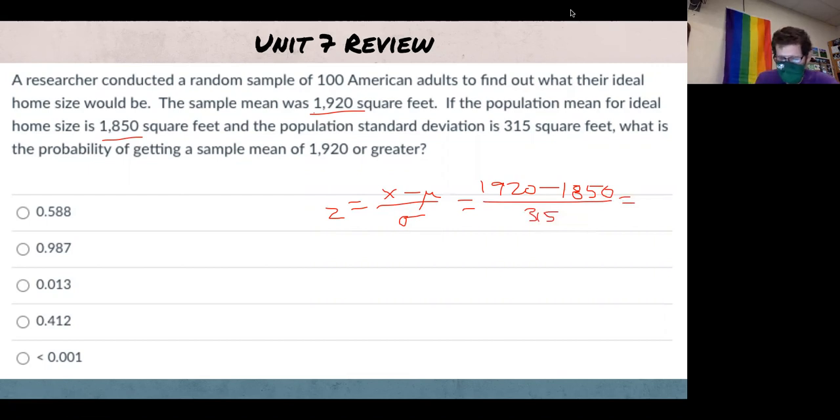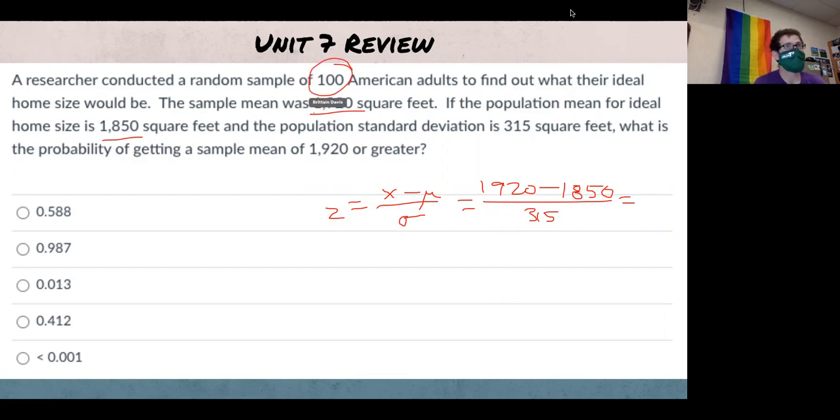I actually don't know what that value is, but it's easy to do it that way. And here's where the mistake is. This is what it would be if we were looking at one house from the population and finding the probability of getting that size house or bigger.